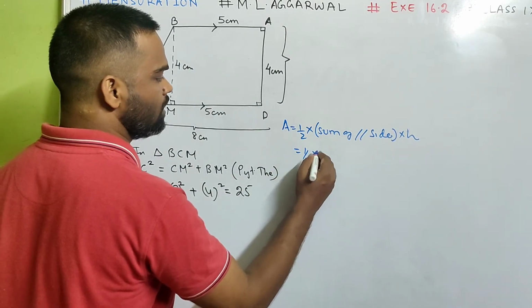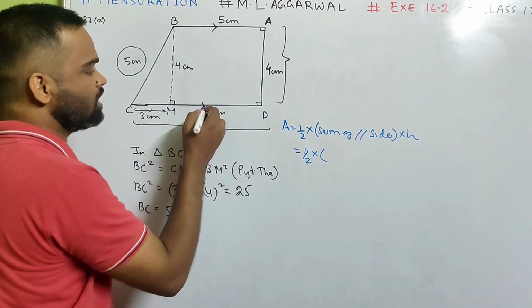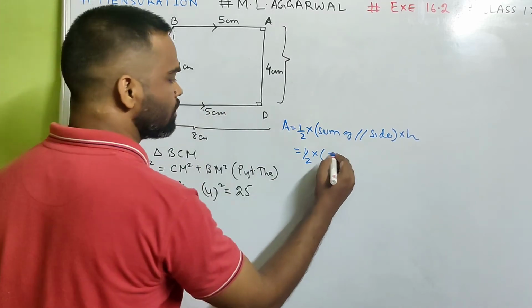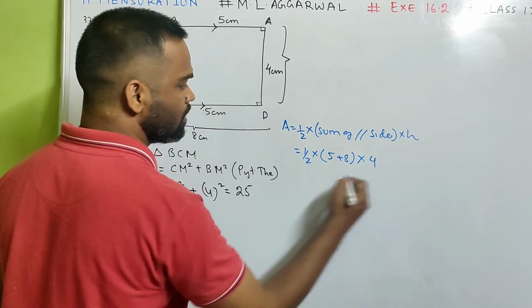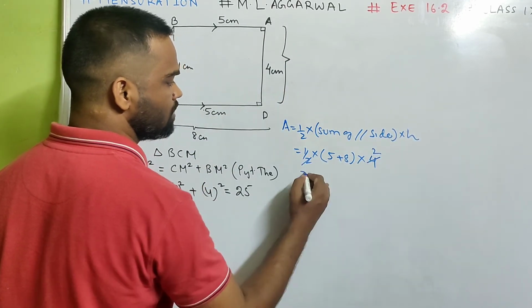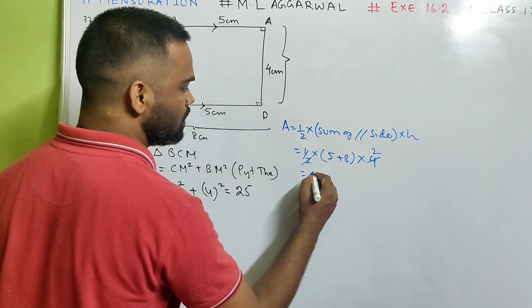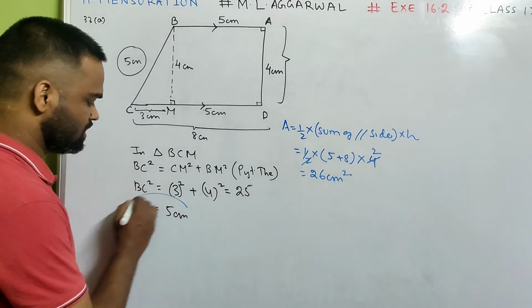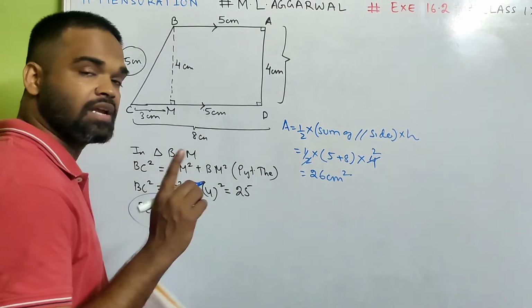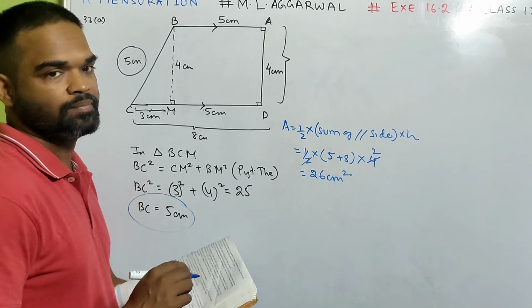So half into sum of parallel sides means 5 plus 8, because this side is parallel to this side only. So 5 plus 8 multiplied by height, which is 4, 2 1 time, 2 2 times. So 8 plus 5 is 13. 13 multiplied by 2 is 26 centimeter square. So BC is 5 centimeter and the area of this trapezium is 26 centimeter square.